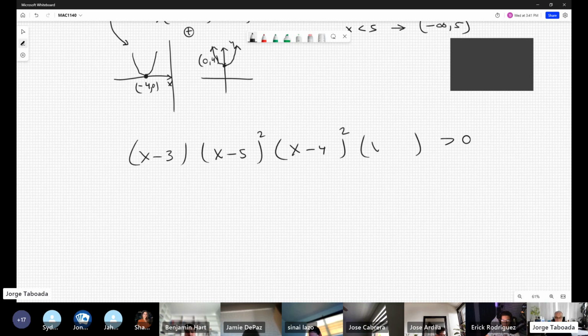And you have the factor x squared plus 1. Okay, by the way, guys, this is an irreducible quadratic, you know? You know that the solution of this is complex. Are you familiar with this, right? So you can simplify this inequality like that. You take x minus 3 greater than 0, and you totally delete this guy.